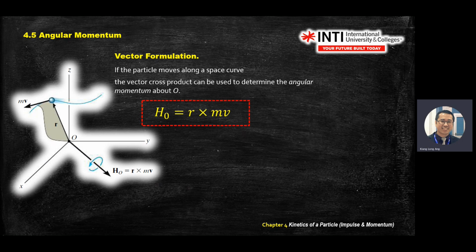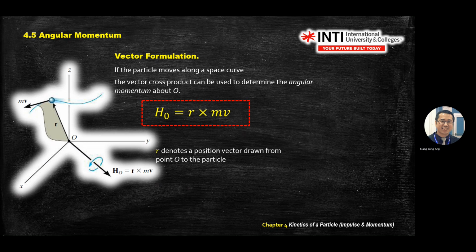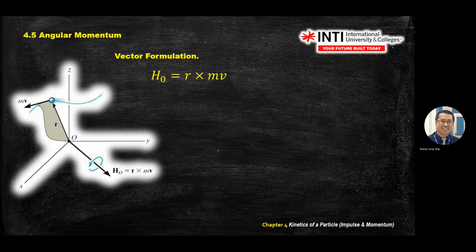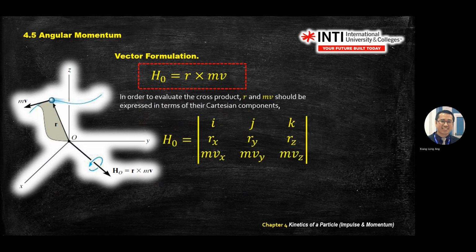So this highlights how to find it if you're given the r and mv vectors. When you have a cross product, this is not a dot product. For a cross product, you need to include your matrix. If you're civil, you see this in your statics or structural analysis.